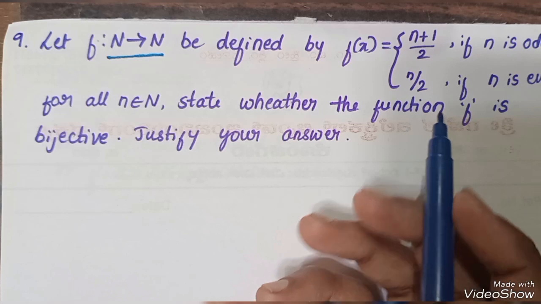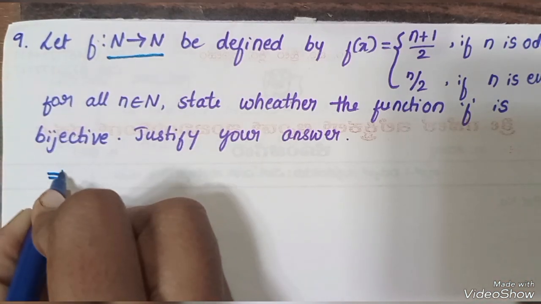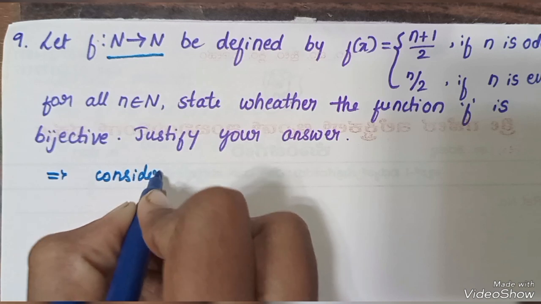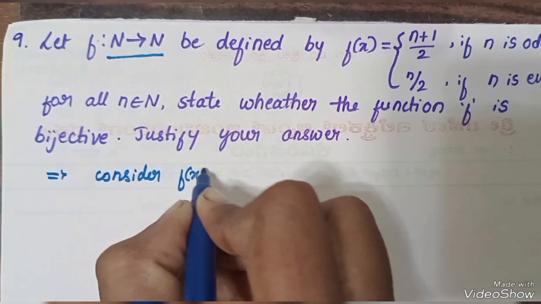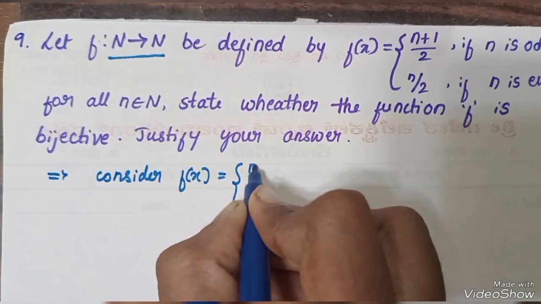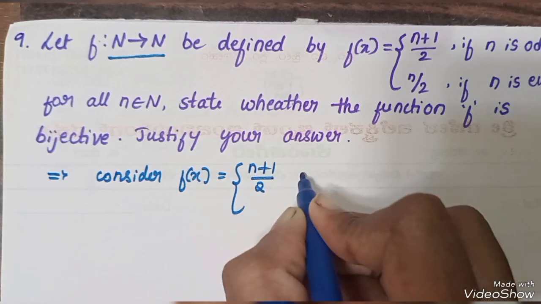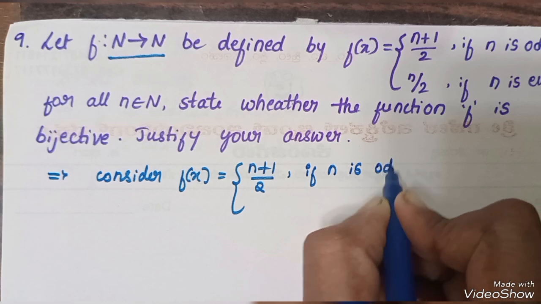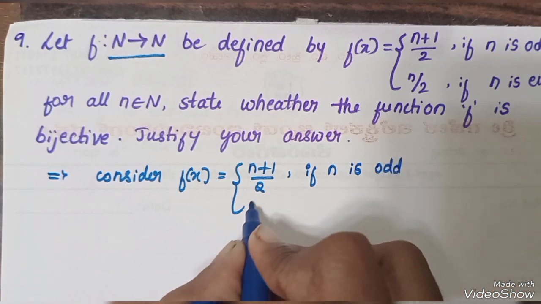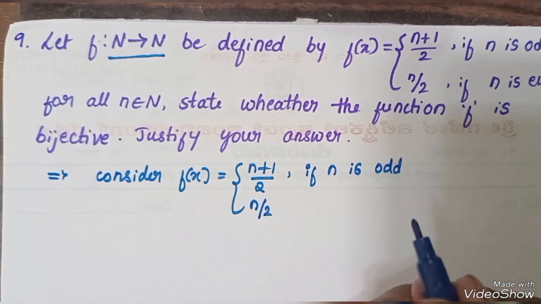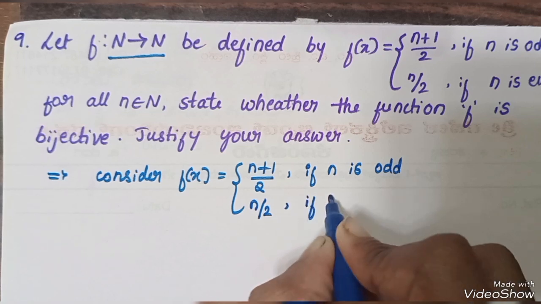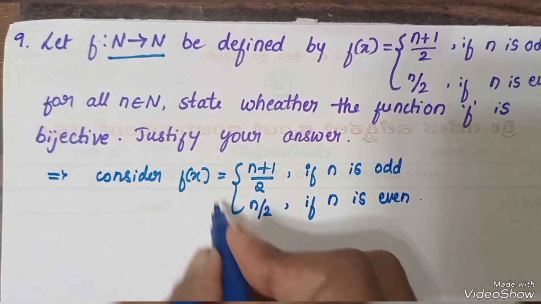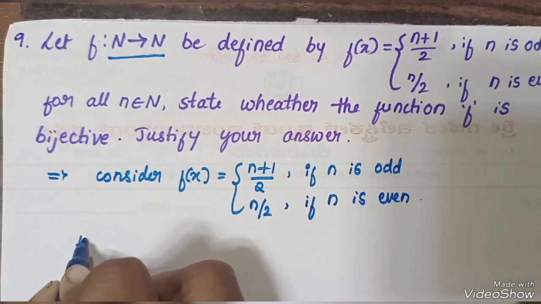Justify your answer. Here, first consider the function f(x) = (n + 1)/2 whenever n is taken as an odd number, and f(x) = n/2 if n is taken as an even number.